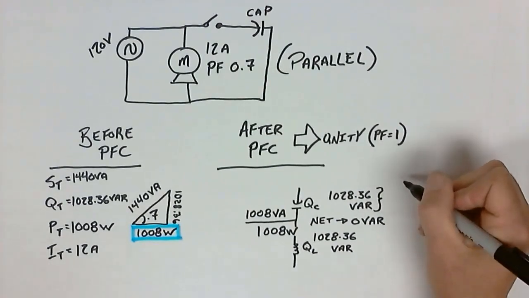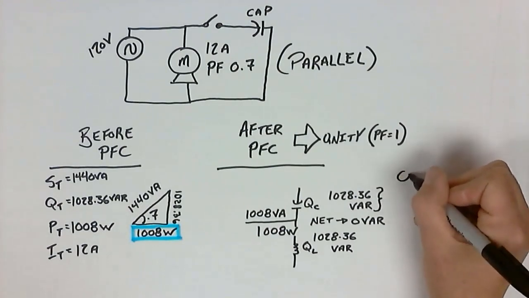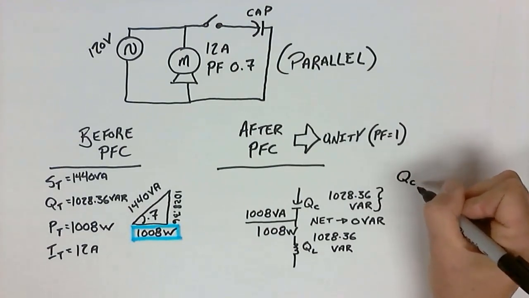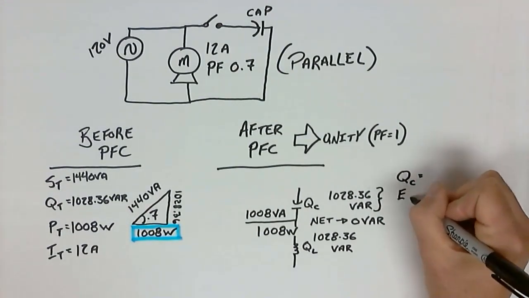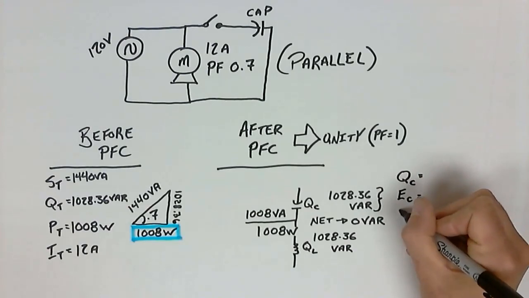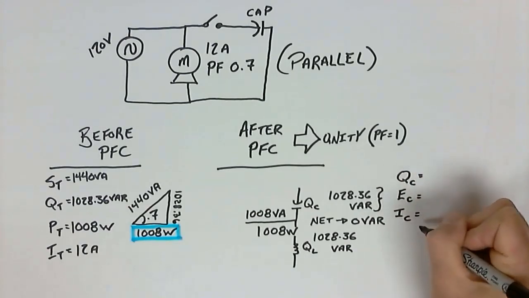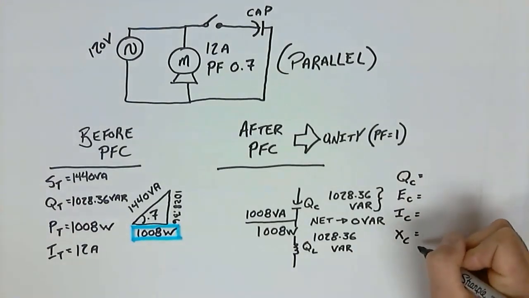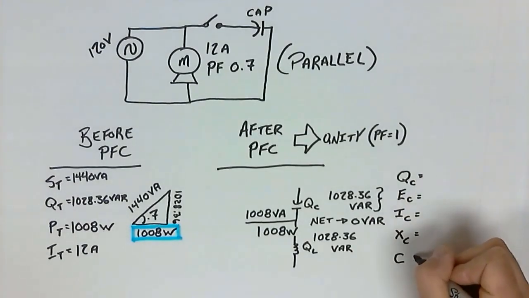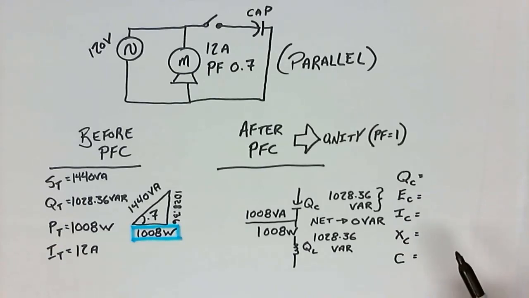So could we work out, we already know what the Q is of the capacitor. We know what the voltage is across the capacitor, the current of the capacitor, the XC of the capacitor, and finally, what about the capacitance of the capacitor? Could we not work all of those items out now that we know what the VARs is?